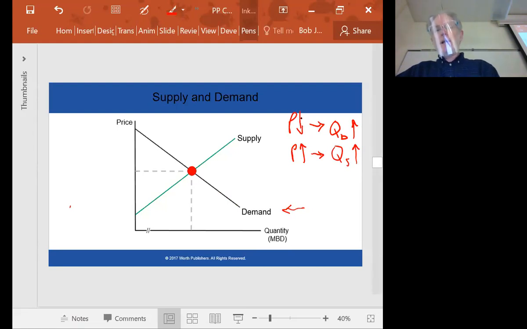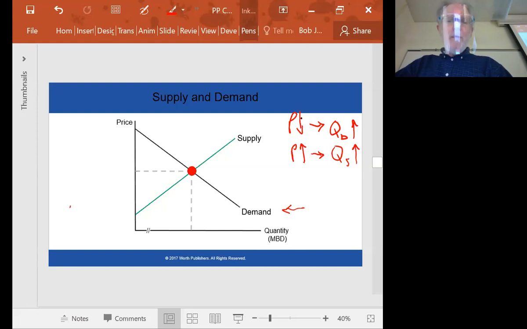Whereas on the demand side, there's an inverse relationship between the price and the quantity. Those are things you want to be sure you understand. You want to be sure you understand the difference between a change in demand and just a change in the quantity demanded. And we'll go through that in just a moment.